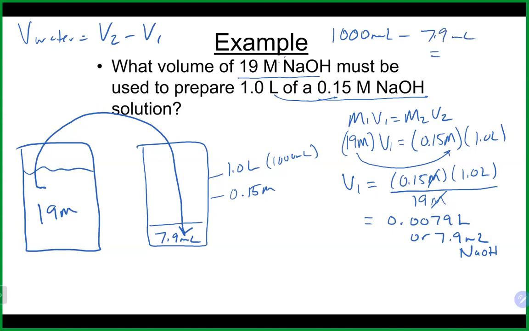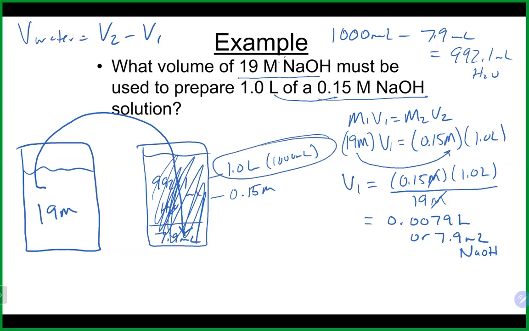That means we would need to put in there about 992.1 milliliters of water. So we would top this off with 992.1 milliliters of water. At that point, we'll give it a nice shake. We would then end up with 1,000 milliliters of volume, and a solution that has a concentration of 0.15.